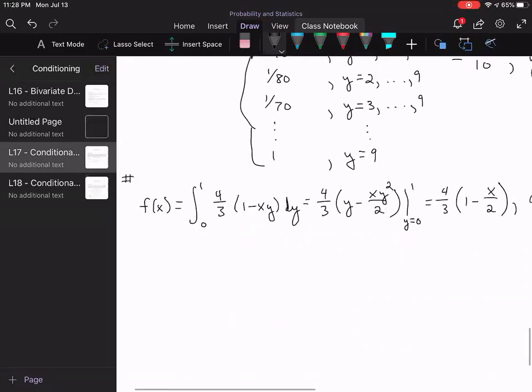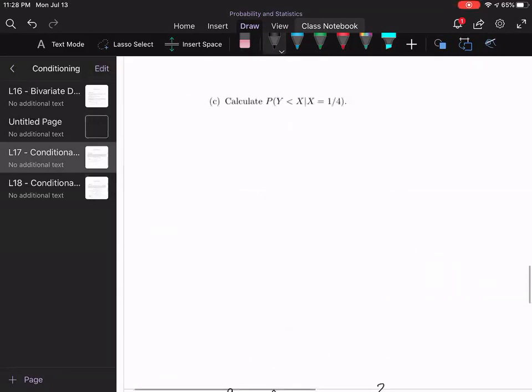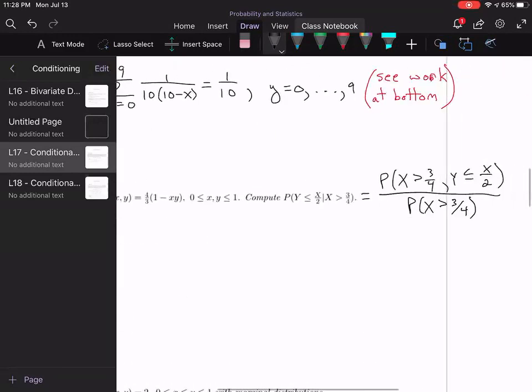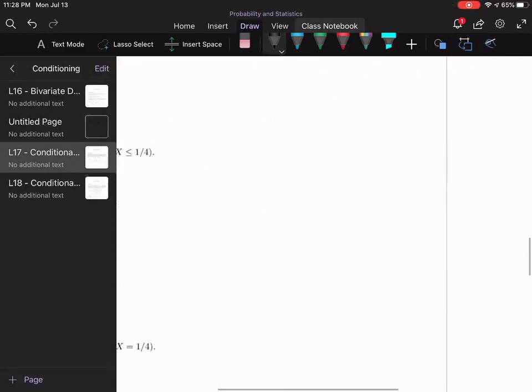And this is problem 3. So we want the probability that x is greater than 3/4. Let me just check that that's what I had written in the problem. Yeah, x greater than 3/4 is going to be our denominator. So let's go ahead and get that.